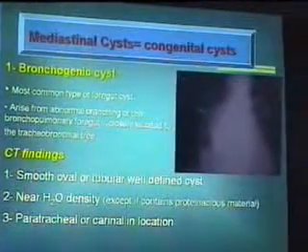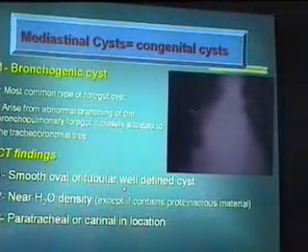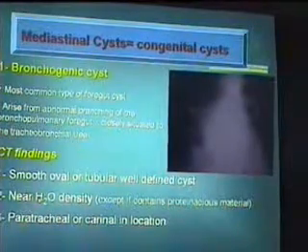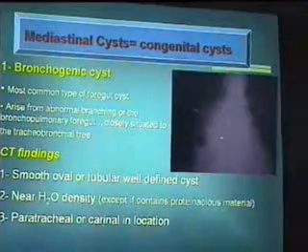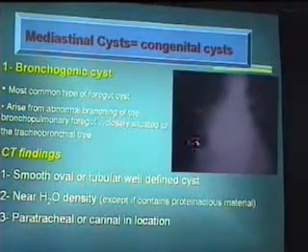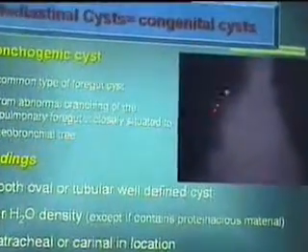The CT findings: we find a smooth oval or tubular well-defined cyst of near water density in a paratracheal or carinal location. Okay? And this is the appearance of the peribronchial or bronchogenic cyst.